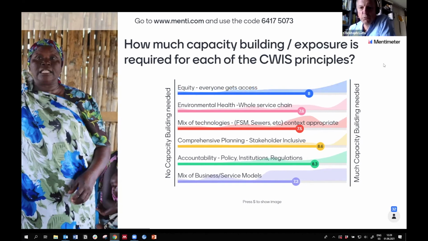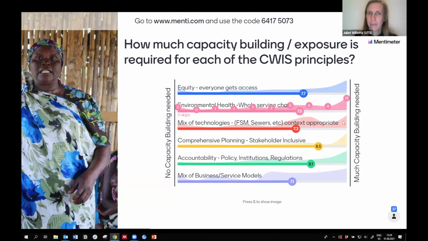Okay, so we have 32 responses. We can see comprehensive planning and stakeholder inclusion seen as where most capacity building is needed, followed by pretty much the same marking for equity, environmental health, accountability, and mix of business models.